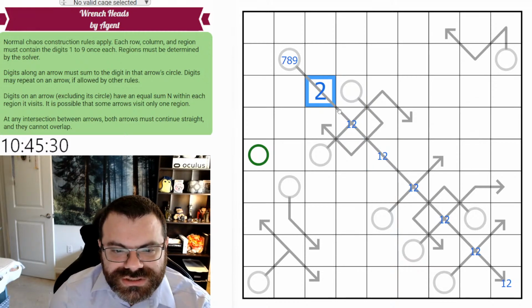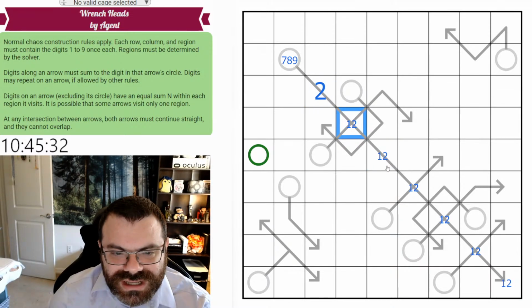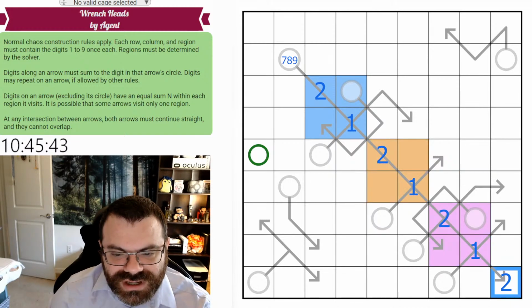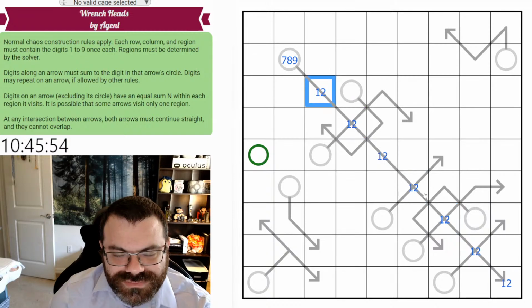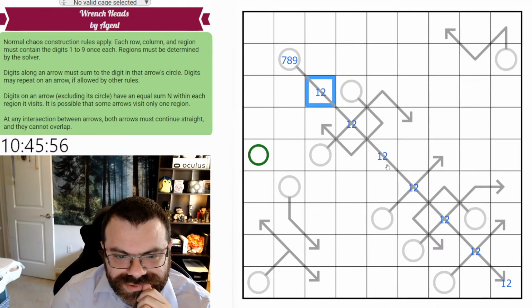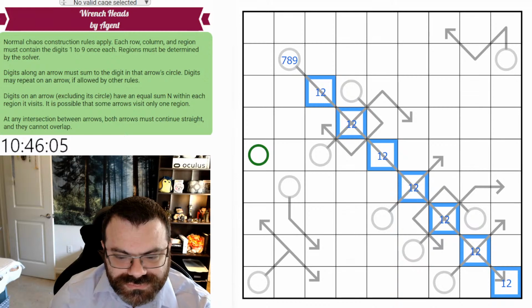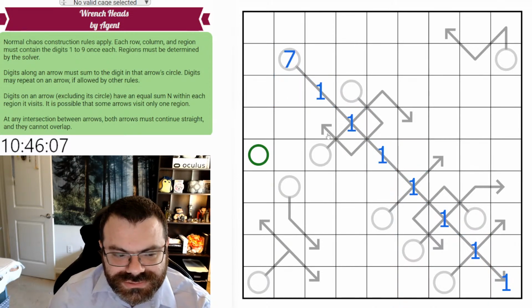Because if I start putting 2s in, I'm going to have to start basically grouping them, where we'd be putting the 1 and the 2 together into different regions in some way, and then we'd have an odd one out to get equal sums. And then there's no way to repeat in the regions, and there's no way to add to 2 in a region. So I think these are just all 1s and we have a 7. And they're all in different regions.